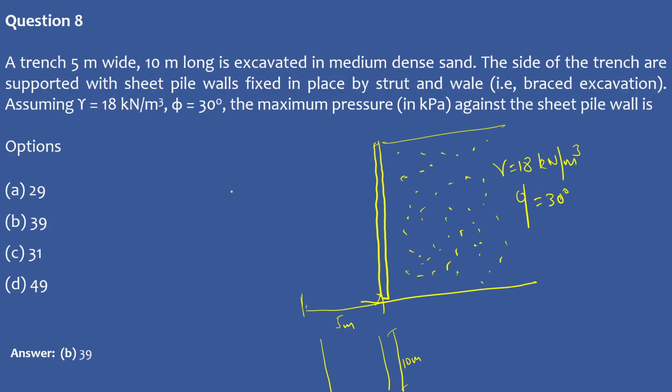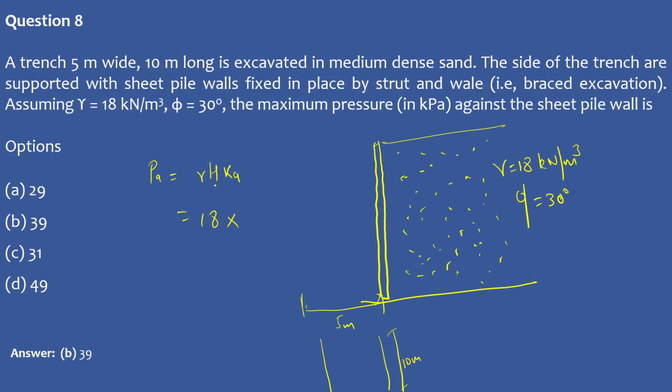We know the maximum pressure at the bottom against the sheet pile wall is given by gamma H K A. So your gamma is 18 kN per meter cube. Height, total height is 10 meter, right? Into 0.65, sir.